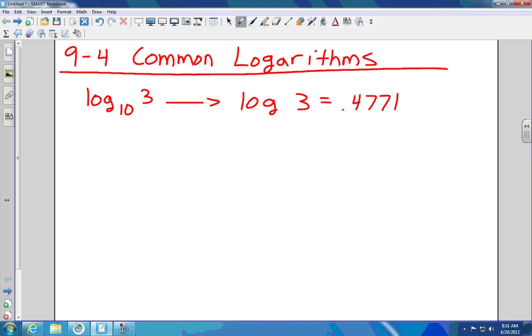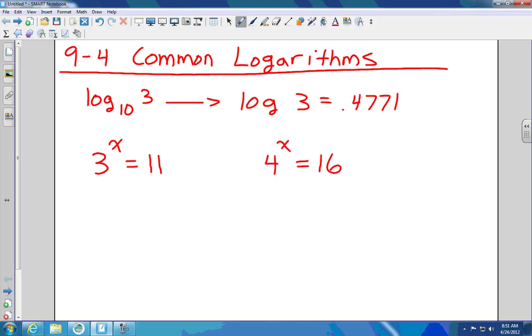Over on page 529, we have 3 to the x equals 11. Some problems that we've seen before, or maybe 4 to the x equals 16. So we asked ourselves what power is 16?